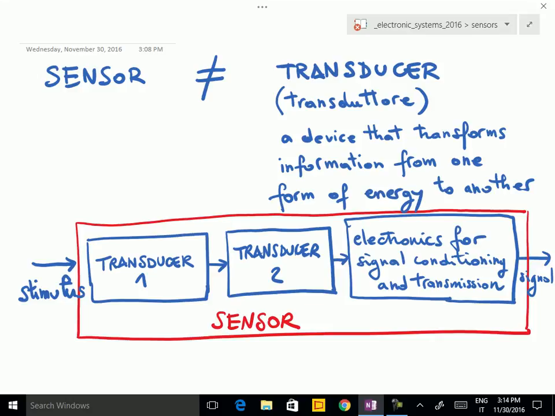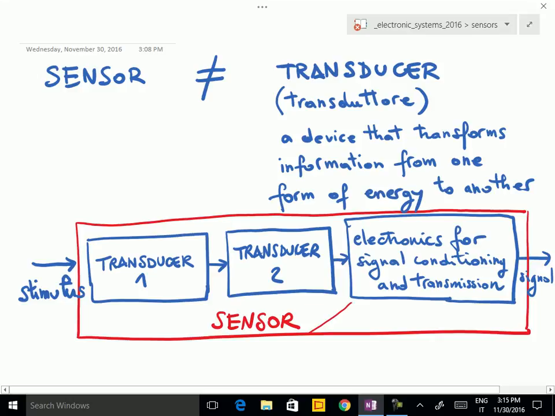Then this electronics must amplify the signal, must filter it, then it must transform the signal into a digital signal with an analog to digital converter, and then finally it must transmit it using an appropriate protocol. Okay, these four functions have to be performed by the final electronics block.